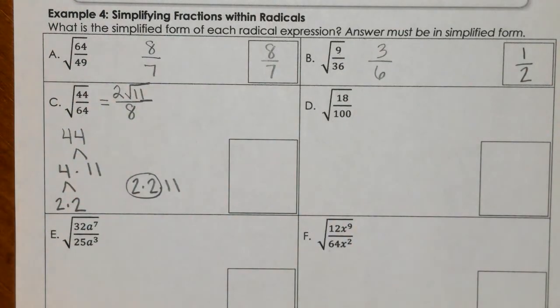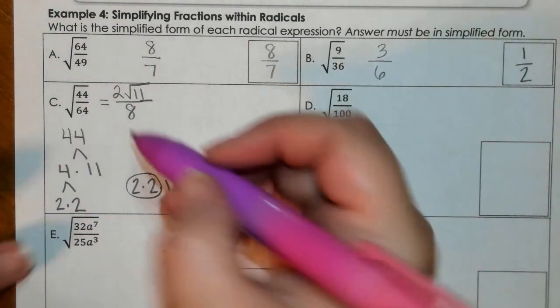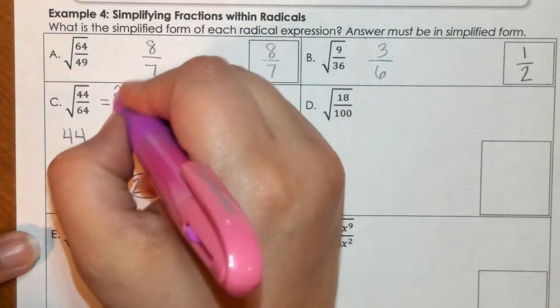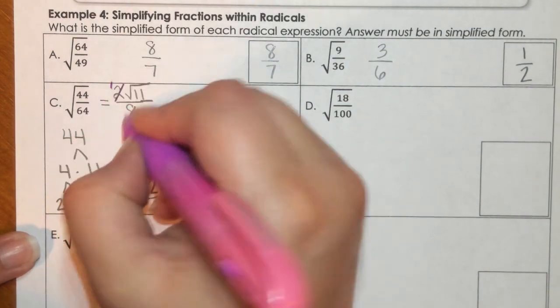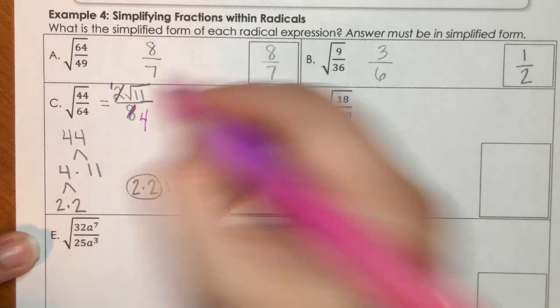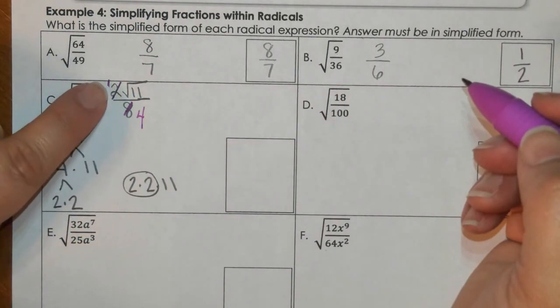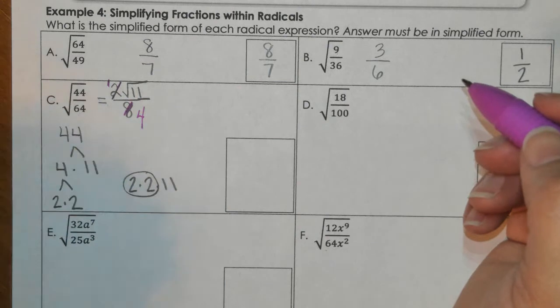Now, you've written it in the simplified radical form, but the 2 8ths that is on the outside of the radical can actually be simplified because it's not in a radical. So the 2 and the 8 can be divided by 2. Okay, so 2 goes into itself 1 time, 2 goes into 8 4 times.